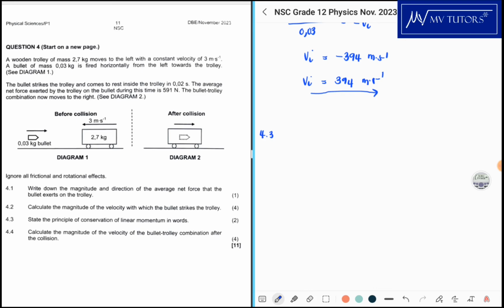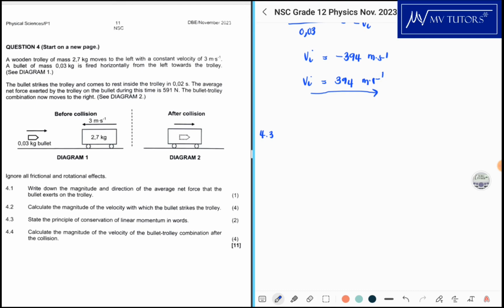In our 4.3, it says, state the principle of conservation of linear momentum in words. Okay, so that's just the theory that you need to know. And the principle of linear momentum states that in an isolated system, so keyword there, isolated system, the total linear momentum remains constant in magnitude and direction.